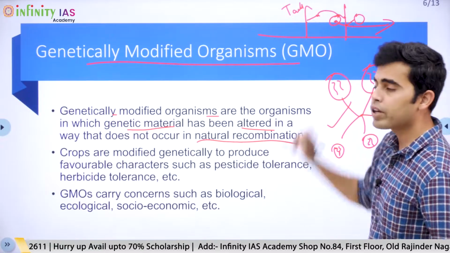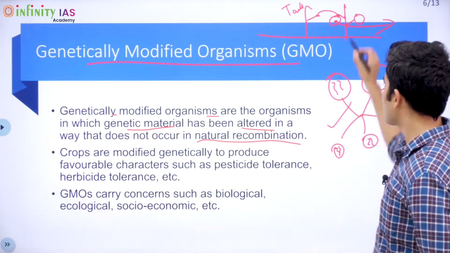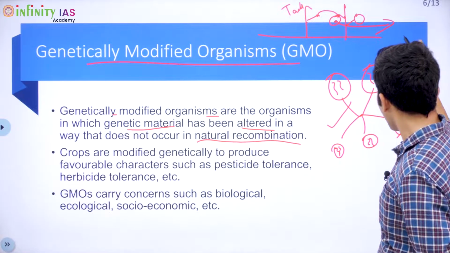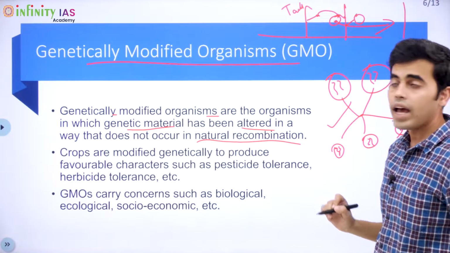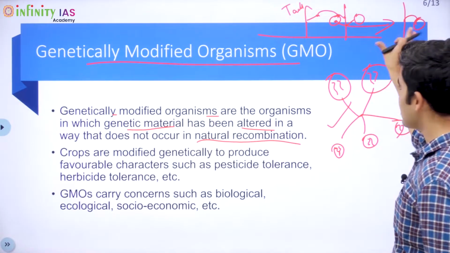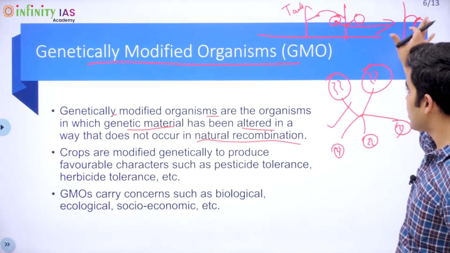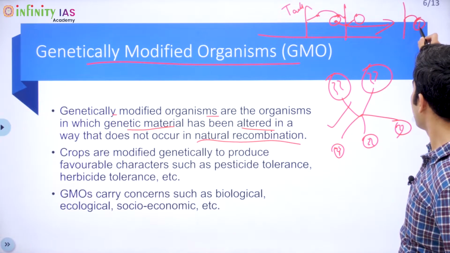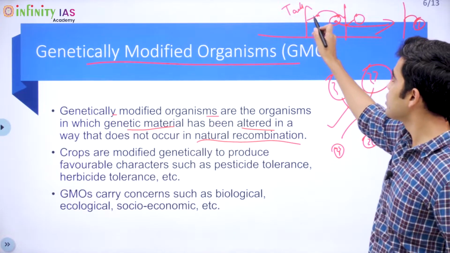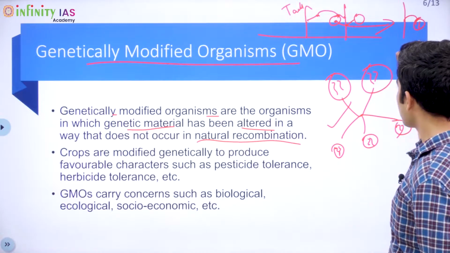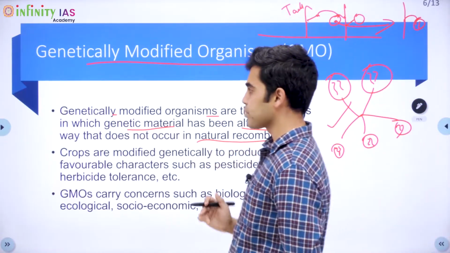This process of reproduction is natural. The seed can give rise to a plant that is both tall as well as having a sweeter fruit. The genetic material has a new combination which is different from both parent plants. So this is how it happens in nature.